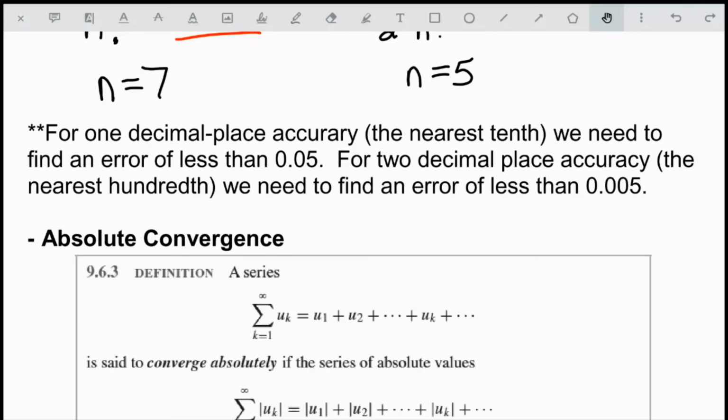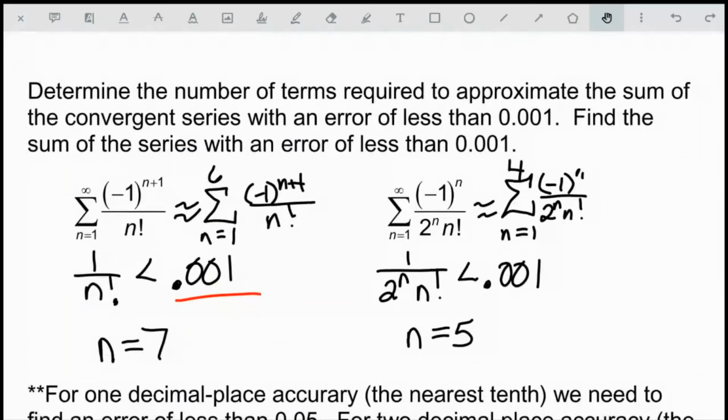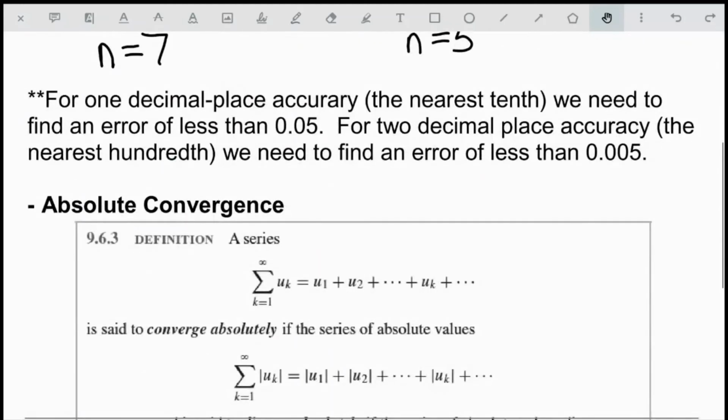If we make sure we're within 0.05, then we know that our rounding has been accounted for. So you can see here, 2 decimal place accuracy would be 0.005. So be careful with the wording on the question. Sometimes they'll tell you specifically, like on this one, be accurate to within 1/1000th. Sometimes they'll say accuracy to a certain decimal place. And depending on how they word it, you have a slightly different setup in that error calculation.